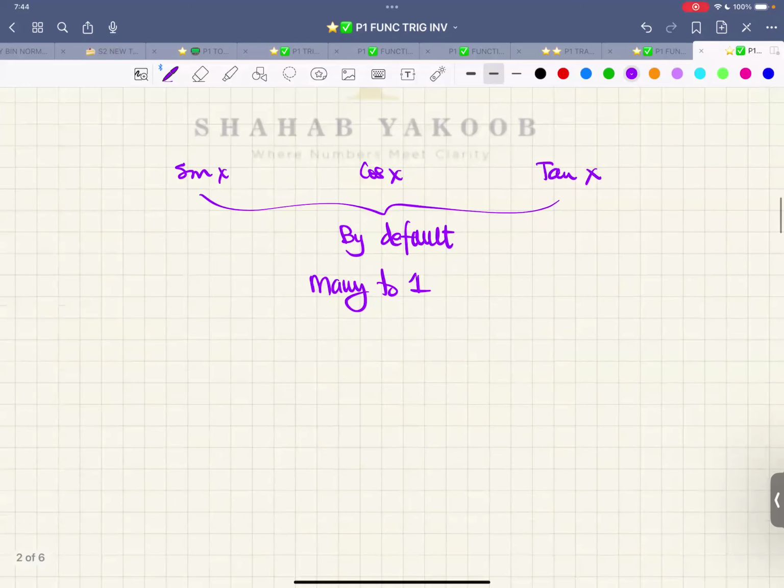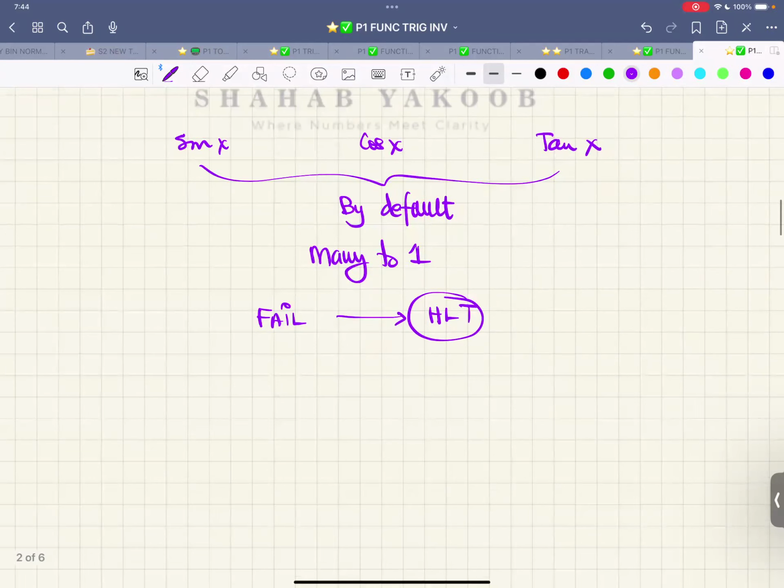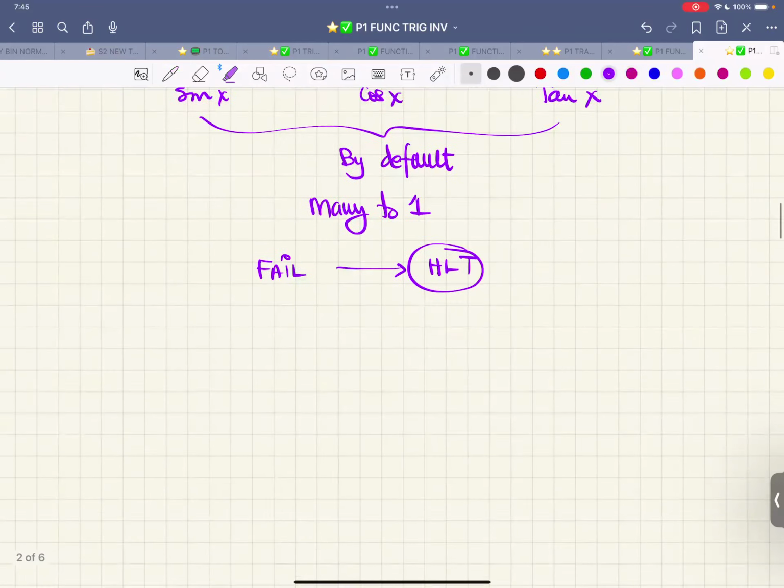They are many-to-one because they fail the horizontal line test. A horizontal line test differentiates between a one-to-one function and a many-to-one function.